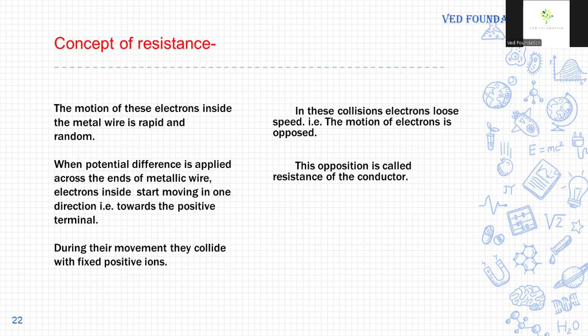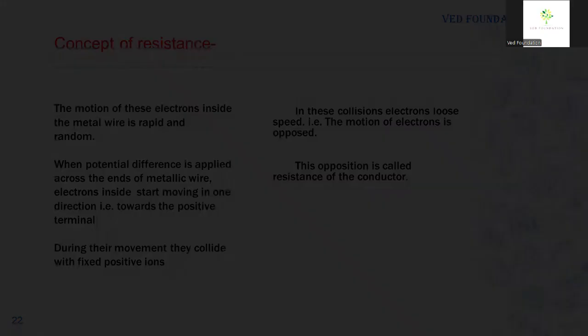When potential difference is applied across the ends of a metallic wire, electrons inside the metallic wire start moving in one direction, that is towards the positive terminal. During their movement, they collide with fixed positive ions. In these collisions, electrons lose speed. Motion of electrons is opposed, and this opposition is called resistance of the conductor.